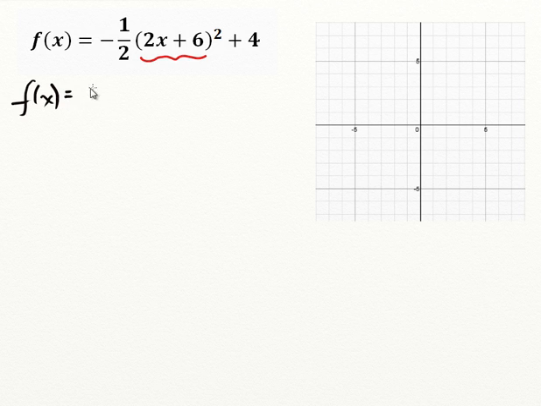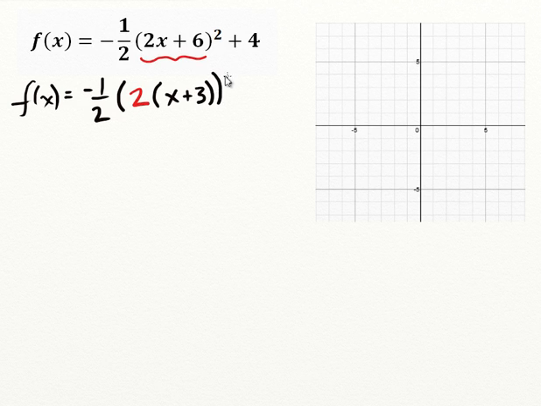So we've got 1/2, and then let's factor out the 2. What's remaining is x plus 3, and all of that is still squared, and then we have the +4 at the end.